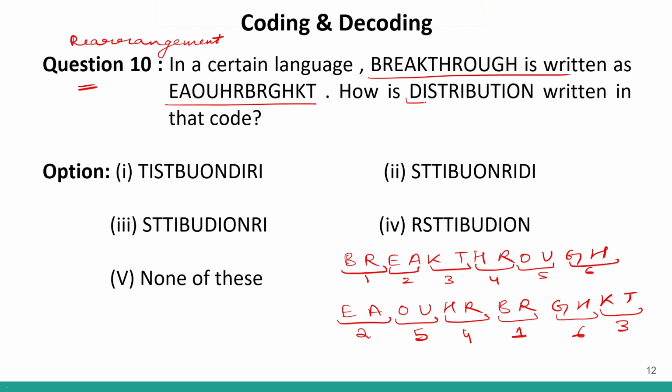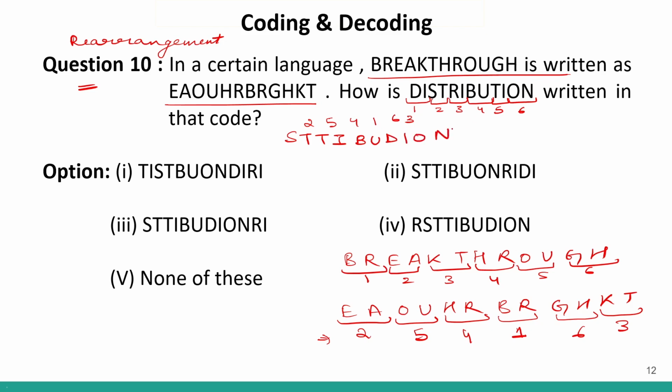So I'll use the same thing for distribution. DI will be 1, ST will be 2, RI will be 3, BU will be 4, TI will be 5, and ON will be 6. Now I will arrange them in this same manner, that is 2, 5, 4, 1, 6, 3. So at 2 we have ST. 5 we have TI. 4 we have BU. 1 we have DI. 6 we have ON.